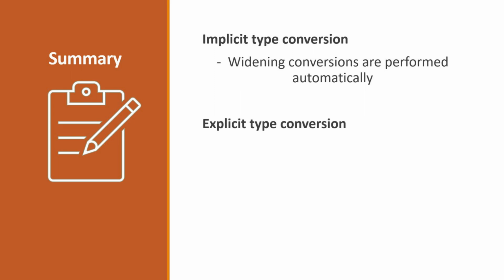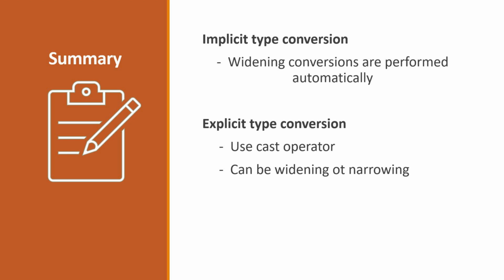These are conversions where we tell the compiler what we want to have happen. We do that by using the cast operator. The cast operator is simply the target type enclosed in parentheses. And because we're explicit about what we want to have happen, we can do widening or narrowing conversions. But we want to be aware, because the compiler will do whatever we ask it to do, there may be potential side effects. So when we do an explicit cast, we want to be sure we know what those side effects are.